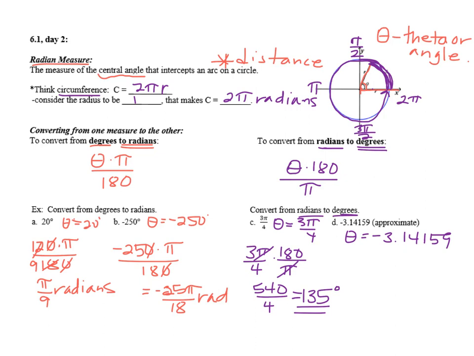To convert back to degrees, we'll take negative 3.14159 times 180 divided by pi. So if you do your order of operations, negative 3.14159 times 180 divided by pi, you should get negative 180 degrees. And that's halfway around the circle.